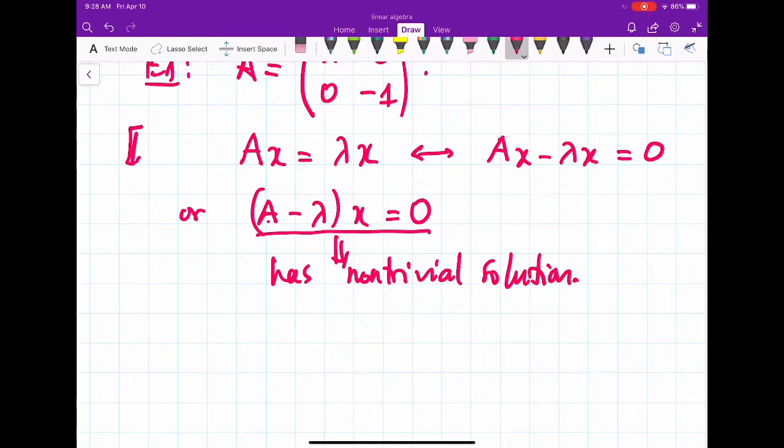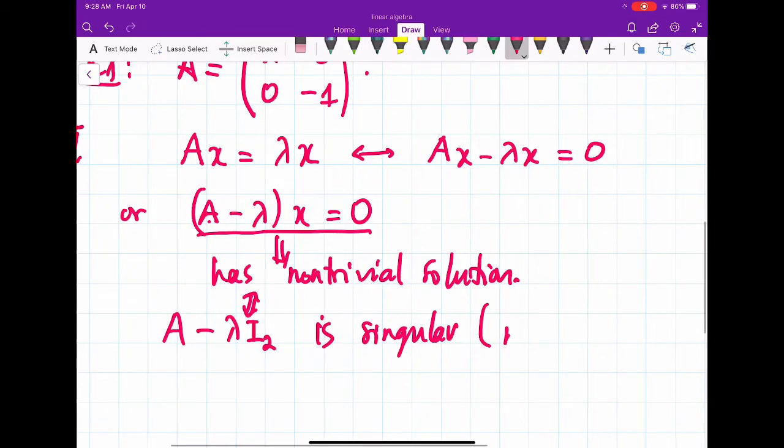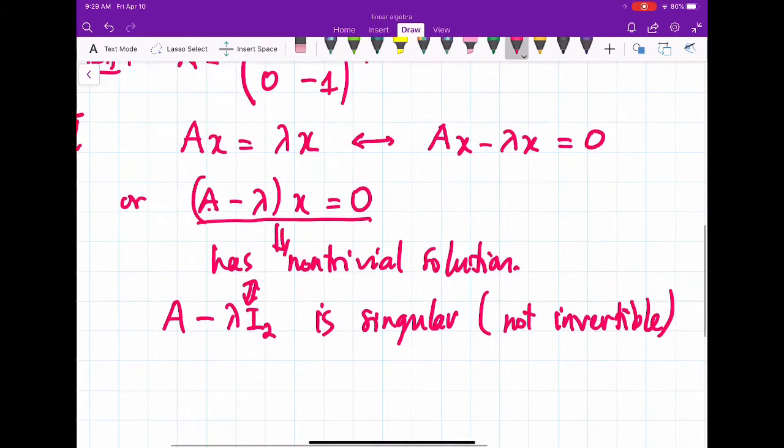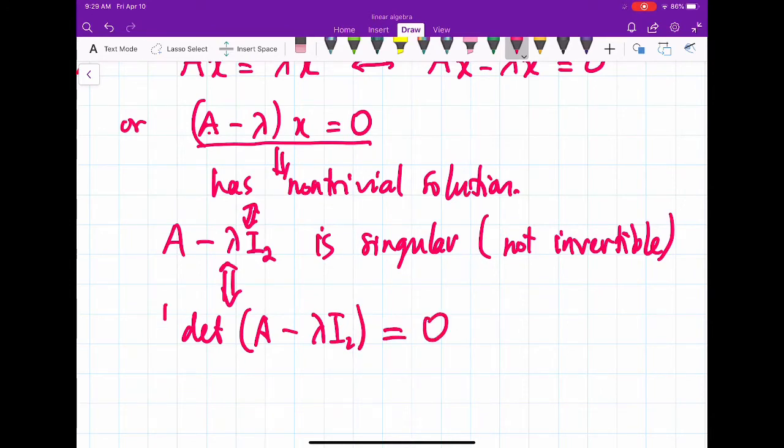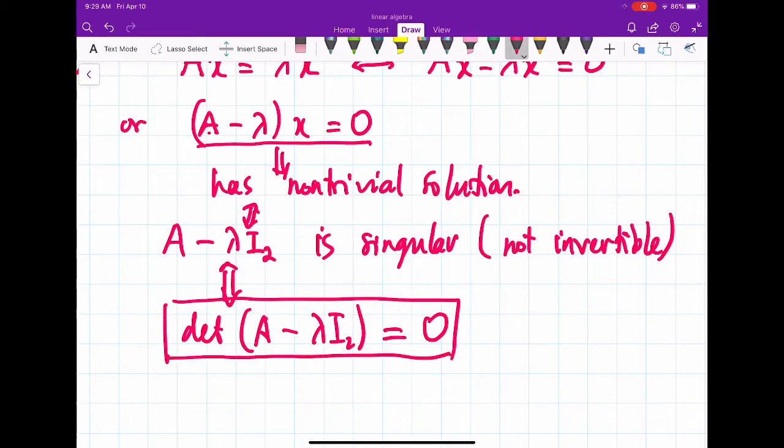That means the matrix A minus lambda I is singular, which means not invertible. This is equivalent to the determinant of this matrix being 0. And we use this equation to find lambda. Make sense? Let's do that.